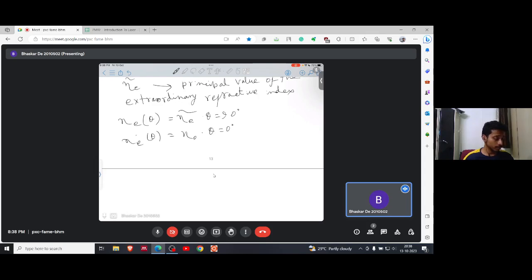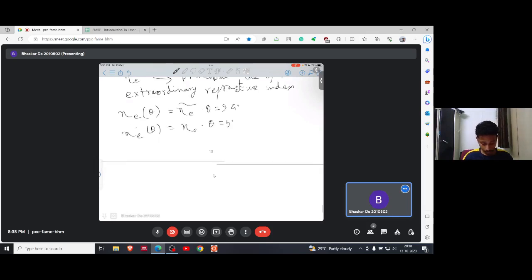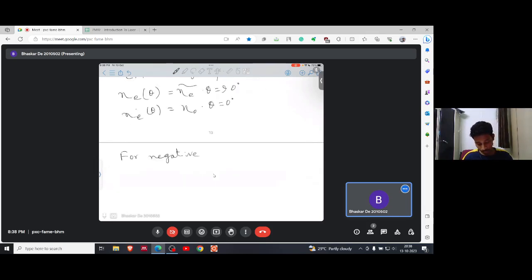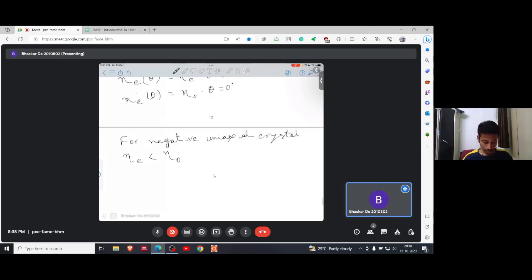So for a negative uniaxial crystal, where n_e is less than n_o, we would select the fundamental frequency as the ordinary ray and the harmonic frequency as the extraordinary ray.